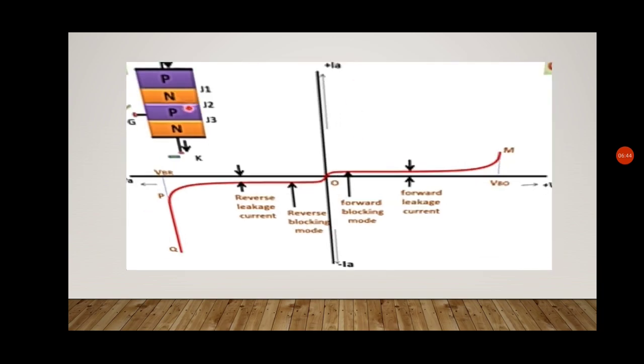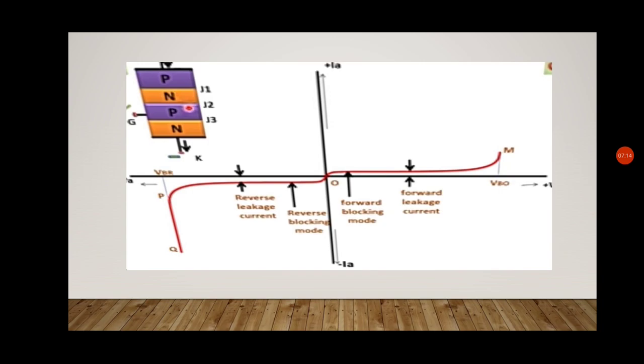Now what happens is, when we keep on increasing the negative voltage across K, or the positive voltage across the anode, at a certain stage again the junction J2 will go through breakdown, that is the avalanche breakdown, and there will be a sharp increase in current with a drop in voltage.